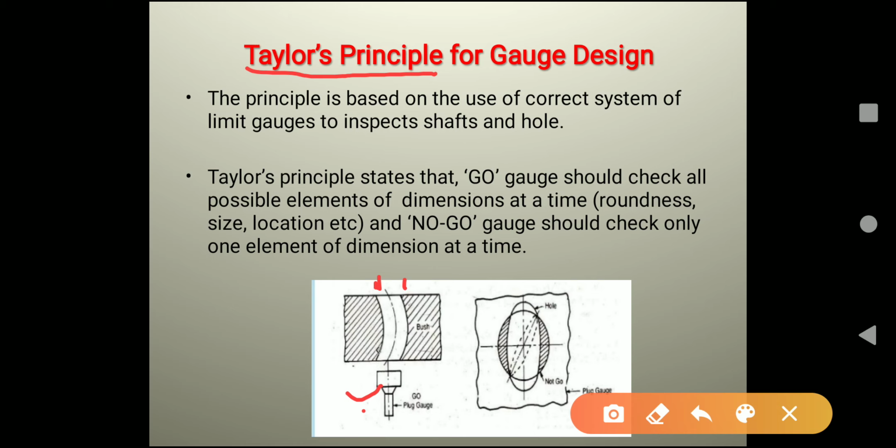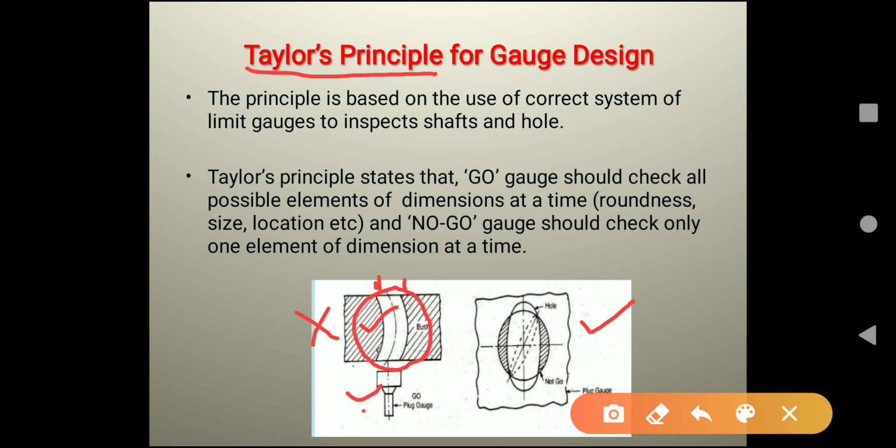So we will directly comment on this: this hole or this component is not okay because of its curvy nature, or we can say its shift of center axis. Here also you can see the use of a plug gauge.